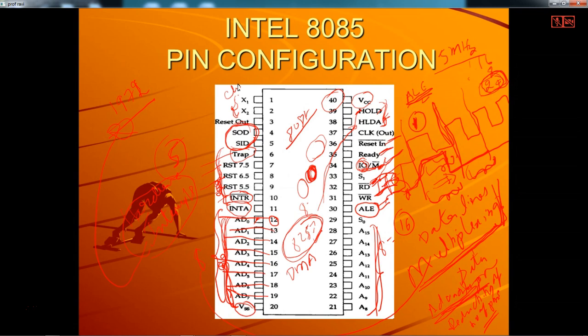When you want to design a system, we have seen how the motherboard of your computer is designed around your microprocessor. In that case, if you want to design a system around the microprocessor, you keep on connecting different devices. So you have to know the hardware. If you want to connect any device, you have to know exactly where to connect it, and you have to know the hardware of it.